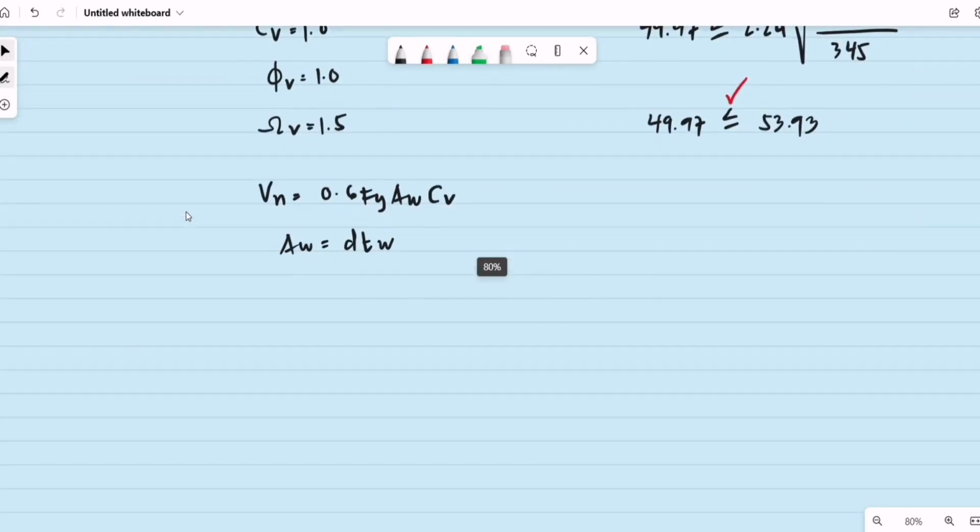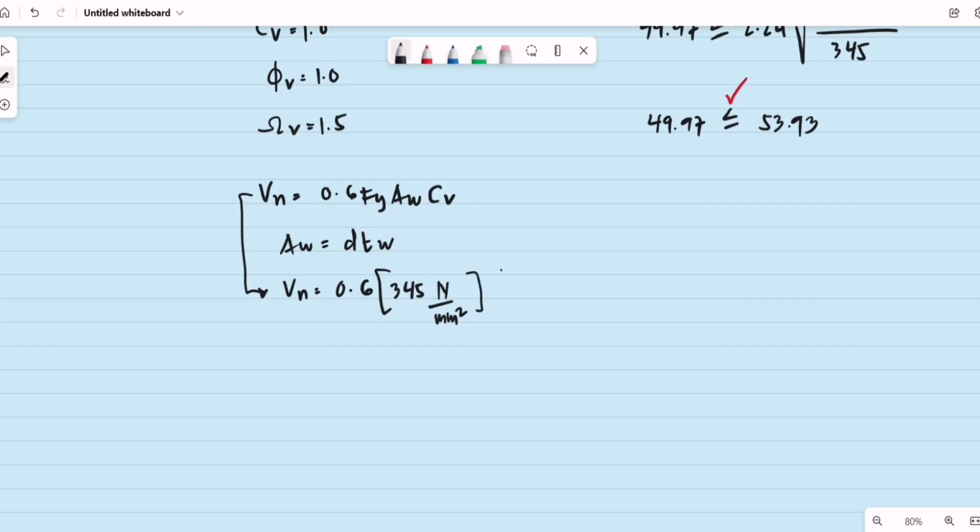So we are now to compute for the equivalent of the nominal shear strength. We have the V sub n is equal to 0.6. Our Fy is 345 megapascals or newtons per square millimeter.